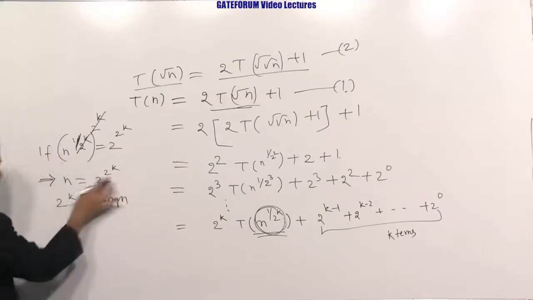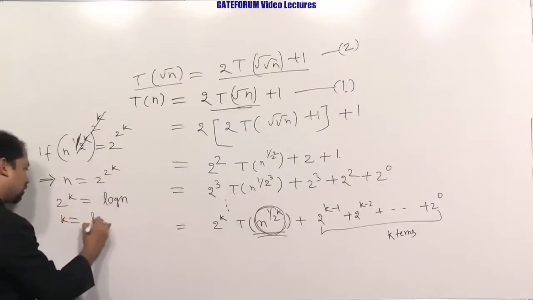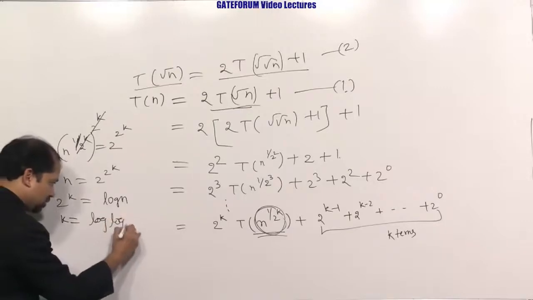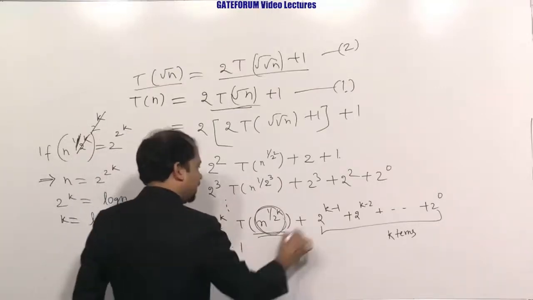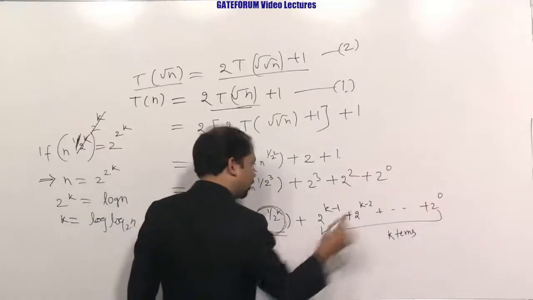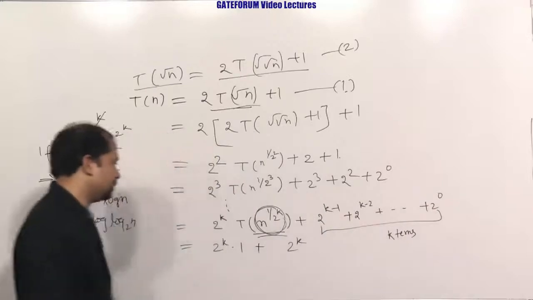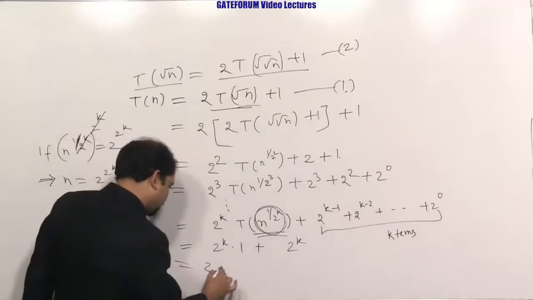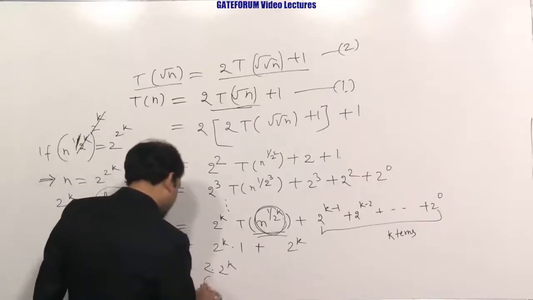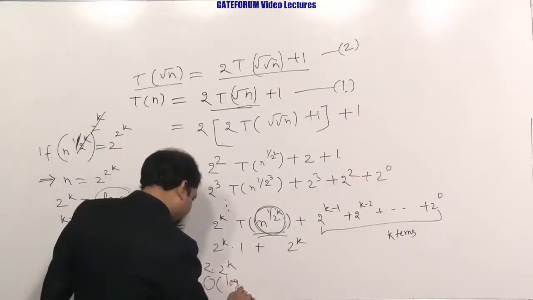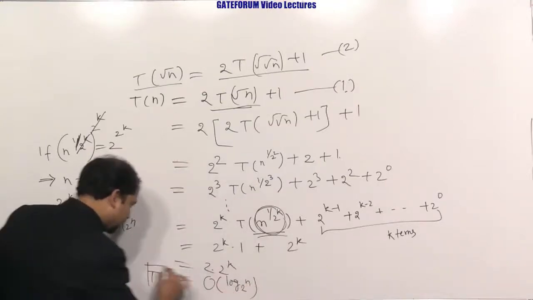Because if you take log n on both sides, again if you want k, it will be log of log n. So what is the cost? It is 2 power k, and this is 1, and if you put together it will also be 2 power k. So 2 power k is the cost, and 2 power k is log n. So the time complexity of this asymptotic recurrence relation is log n, like this.